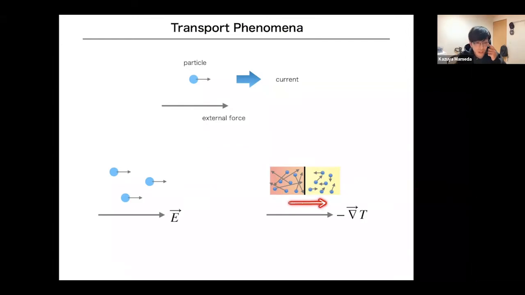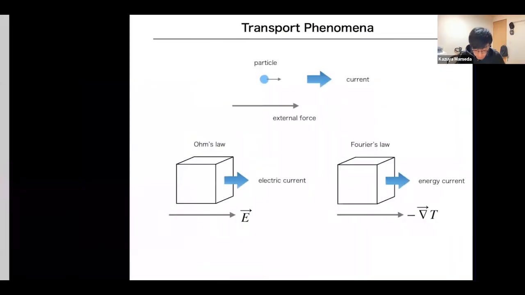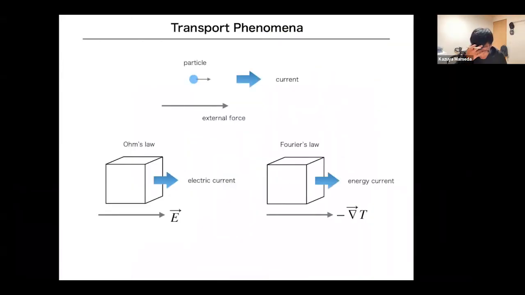So in that sense, the temperature gradient is very similar to the electric field, and eventually we get a current like this. These currents are known as Ohm's law or Fourier's law, under the electric field or temperature gradient.